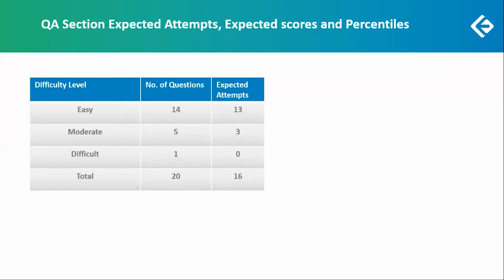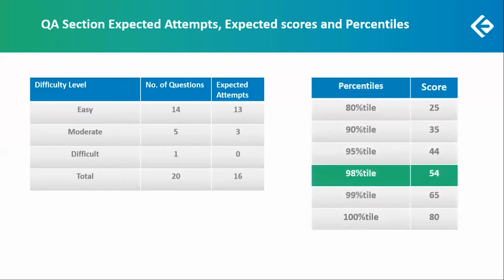Now for these 16 questions, if we take an accuracy level of around 85%, that has to be the ideal accuracy ratio. 85% accuracy gives you around 14 questions correct and 2 incorrect. So 14 correct gives me 56 positive, 2 incorrect gives me 2 negative. So my 98 percentile benchmarking score becomes 54, which is what you can see in this table. 54 is a score equivalent to 98 percentile.